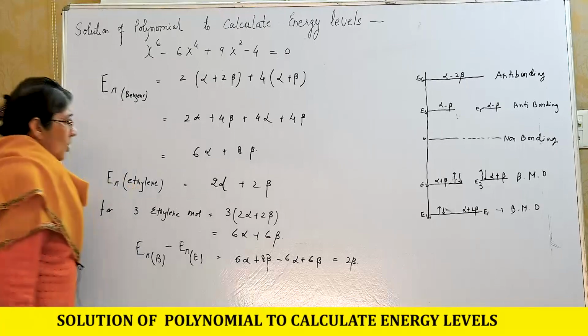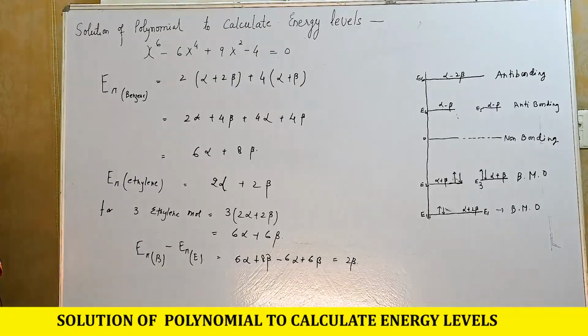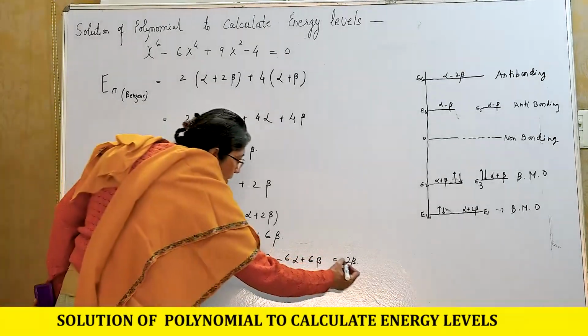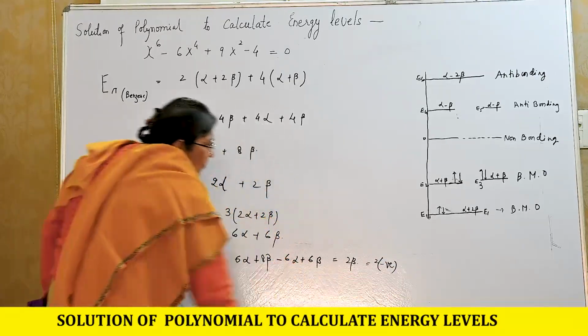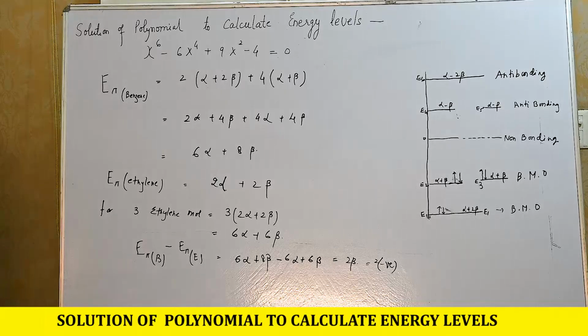And beta has a negative value, so this is 2 into negative. This negative value makes benzene more stable.